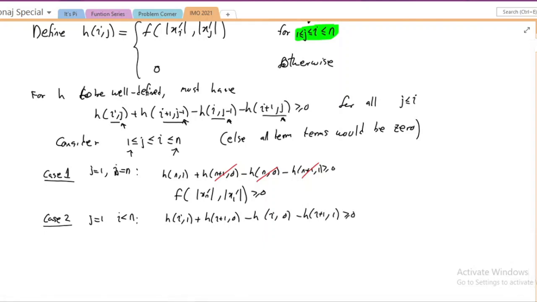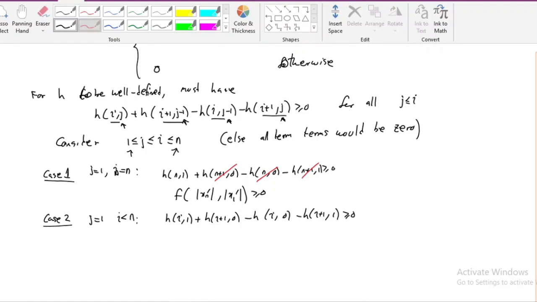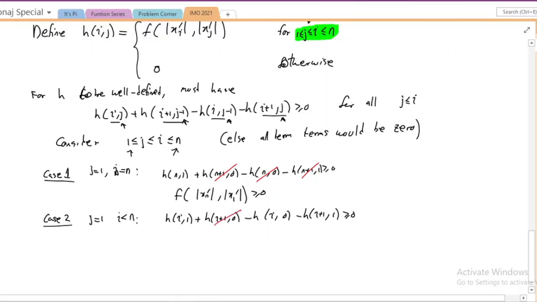So once again, some terms are 0, but a bit more terms are not 0 now. So this will go, and the other 2 are actually fine because of the range we're dealing with. So this will also translate to some condition in f. That's h of xi prime, so this has to be greater than or equal to 1. Is x1 prime greater than, so taking the other term that way, we have this.